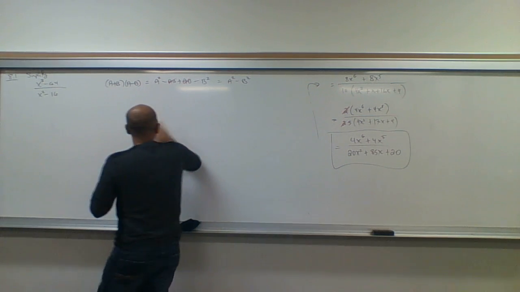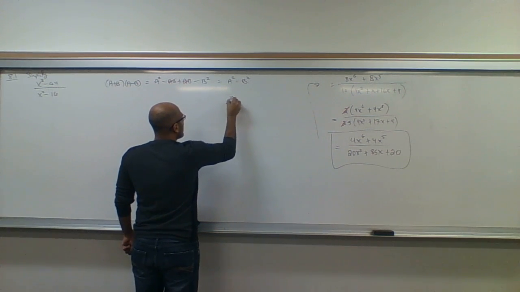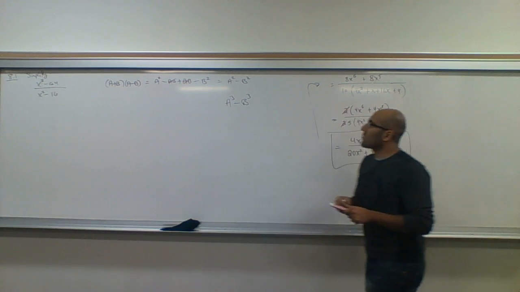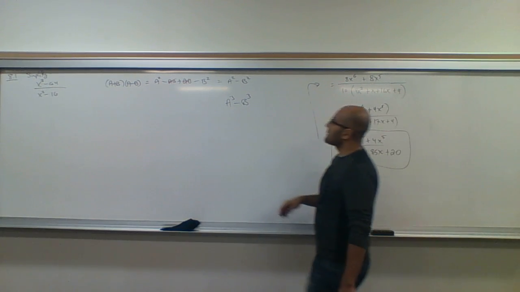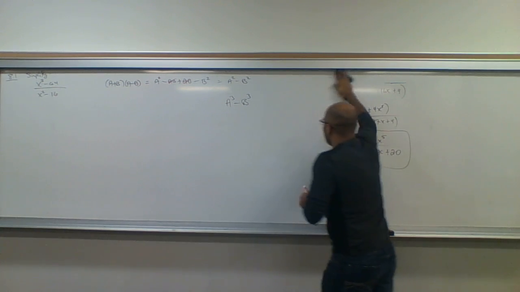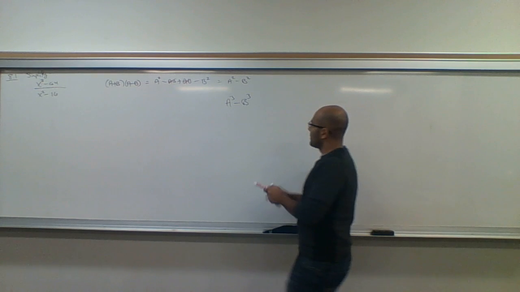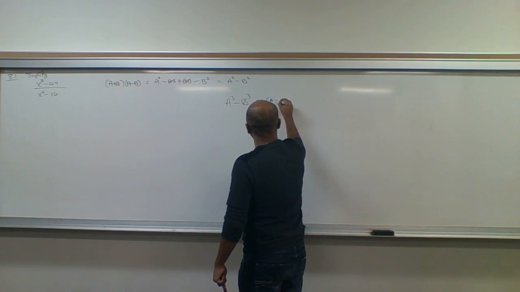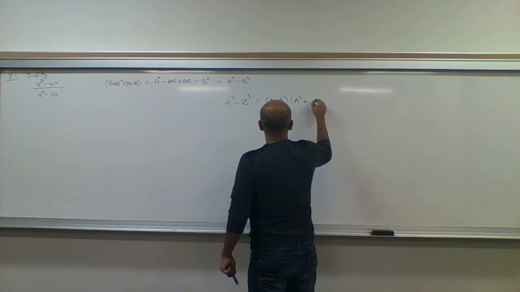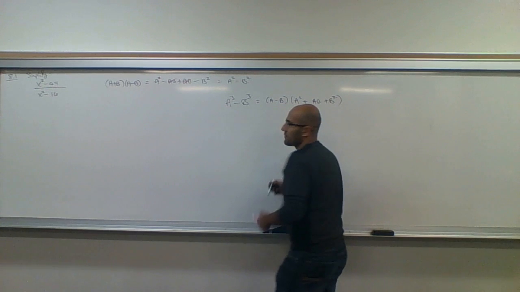Well, we also have another little shortcut that we are familiar with, a cubed minus b cubed, right? And that's what we're going to need in the numerator. So a cubed minus b cubed is equal to a minus b, we used that earlier, didn't we? This one's equal to a minus b times a squared plus ab plus b squared.